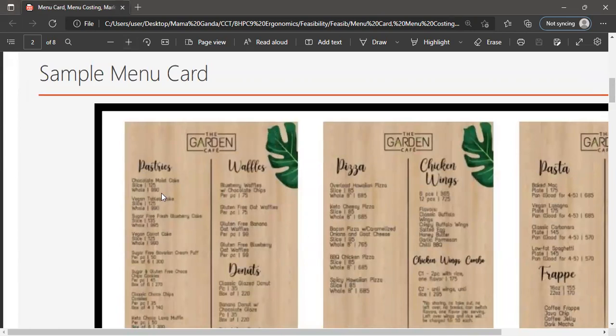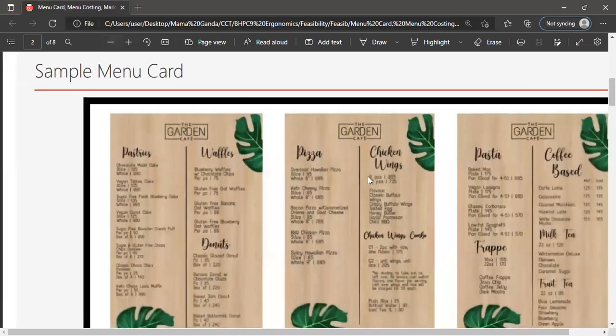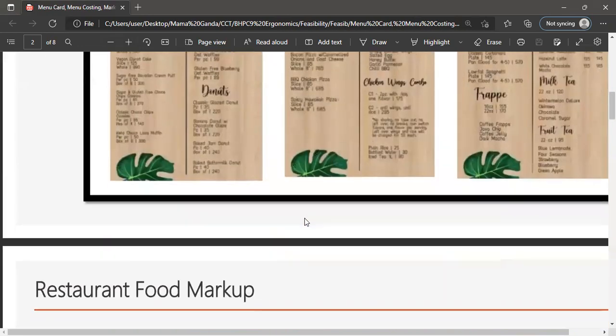Also, the price of each of the dishes presented in your menu card should be based on the computation of your menu costing. Again, this is an example of a menu card.